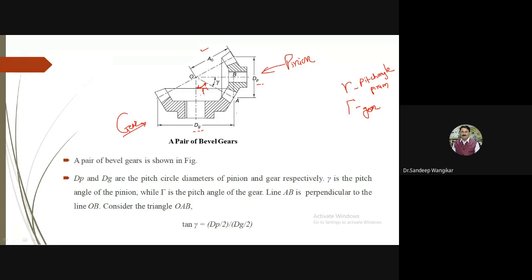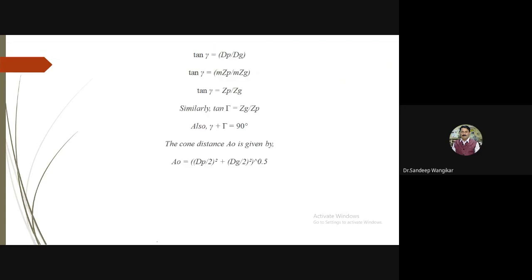AB is nothing but dP by 2, and OB is nothing but dG by 2. So from the diagram, tan of gamma is dP by 2 divided by dG by 2. The 2 get cancelled, so tan of gamma is equal to dP by dG.